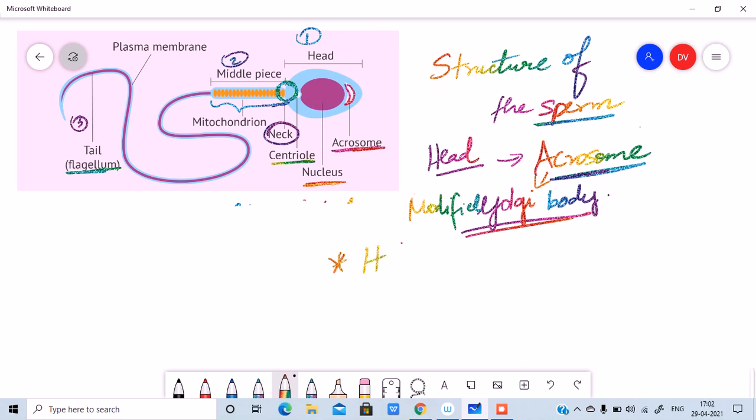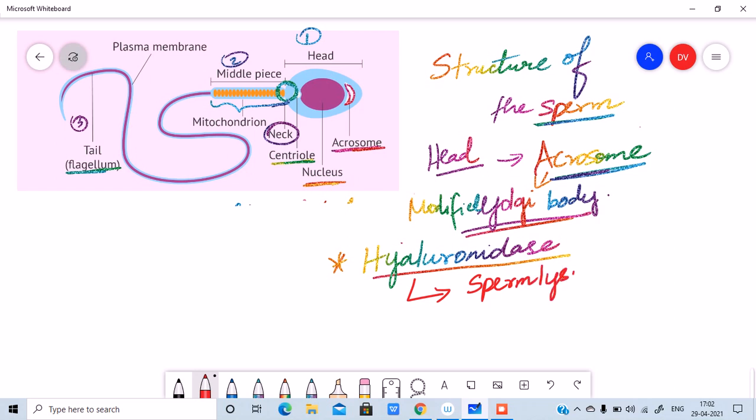And now what does this acrosome contain? It has an enzyme called hyaluronidase. Now guys, what does this hyaluronidase do? This is what penetrates into the egg cell and brings about the fertilization. Now there are different other names for this, which you have to know from your exam perspective. This hyaluronidase can also be known as sperm lysin.